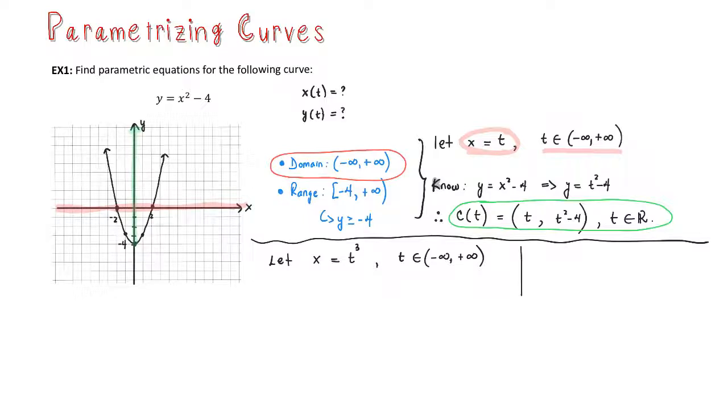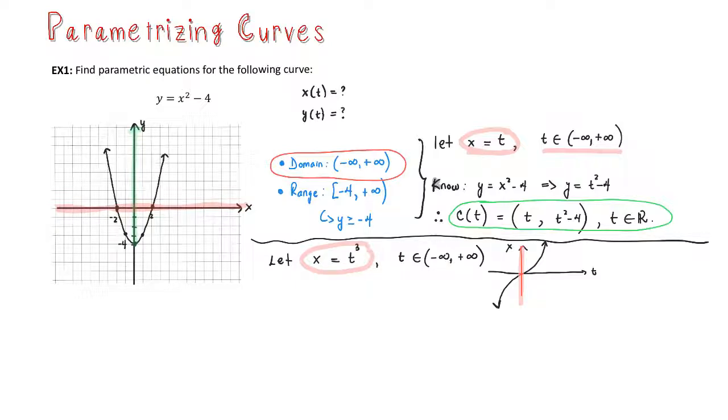If I were to quickly sketch t to the third in the traditional sense, if this is t, this is x, t to the third looks like this as a function. So you immediately notice that all x values are captured within this parameterization.